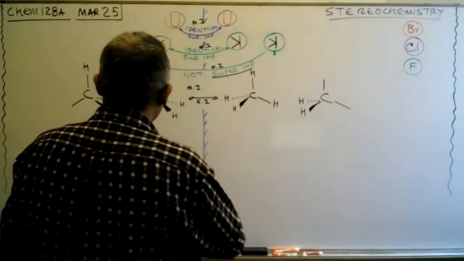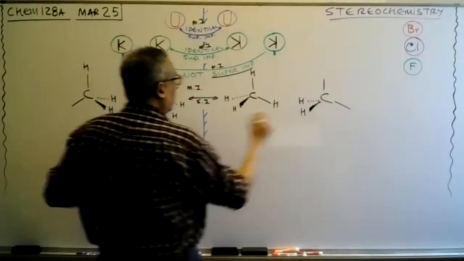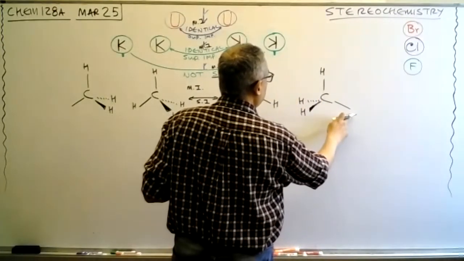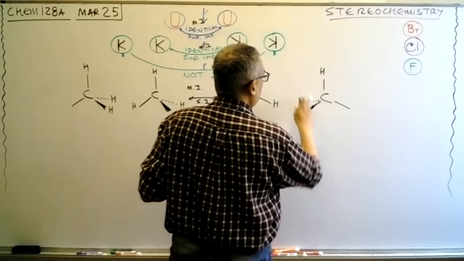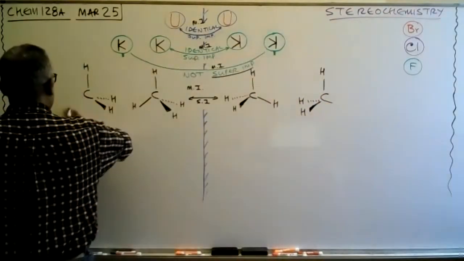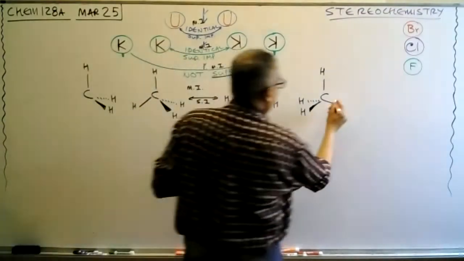Okay, so we're going to make one bond different. Which one? The one on the back. Let's convert that into a bromine.